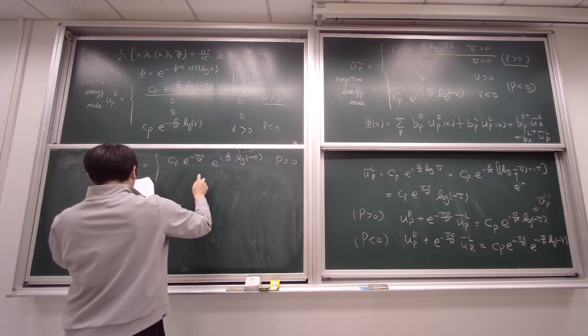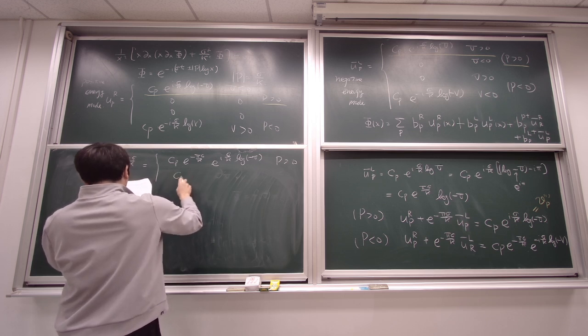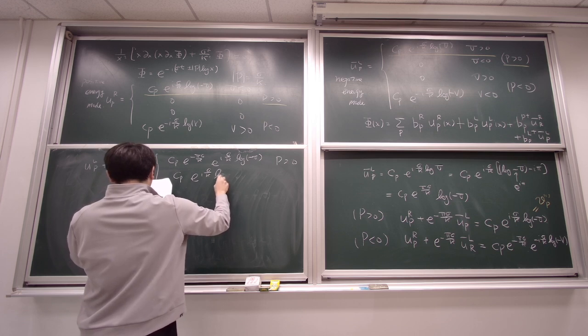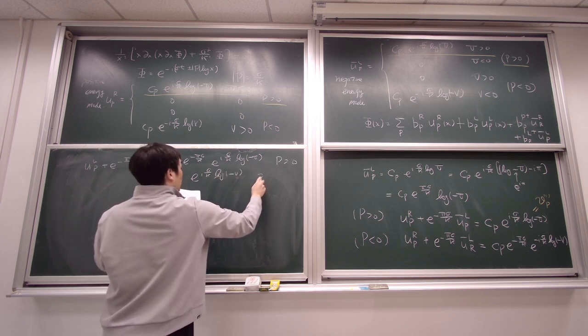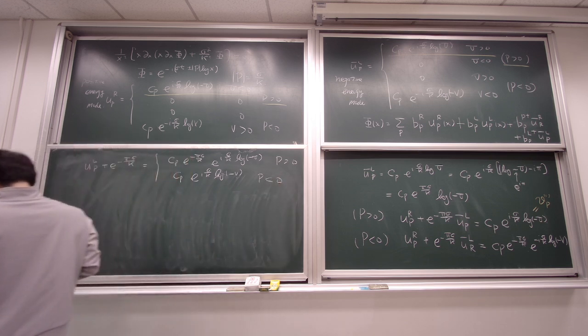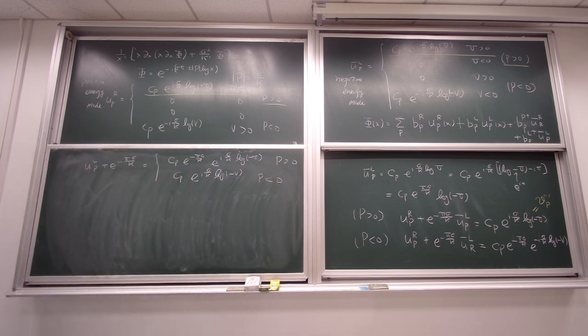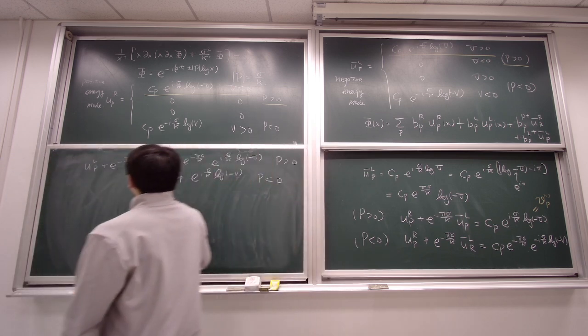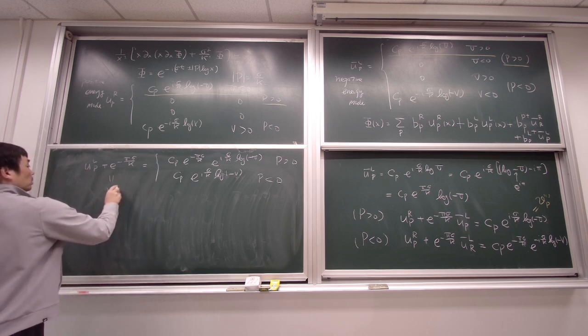And then here is just some number, Cp e to the i sigma over kappa log minus V, when P is negative. Okay? So this is another mode which satisfies the Klein-Gordon equation, and we call this one B2 of P.